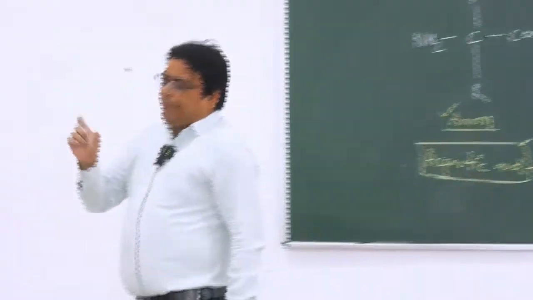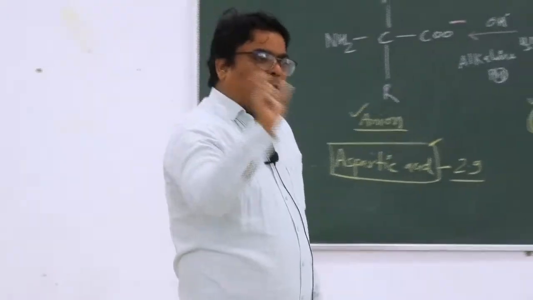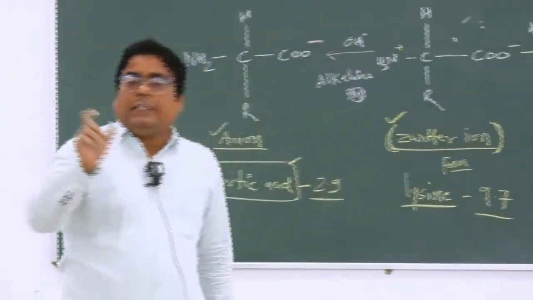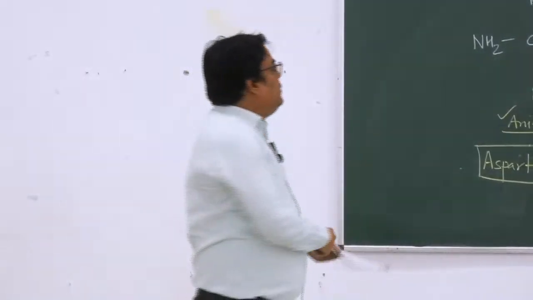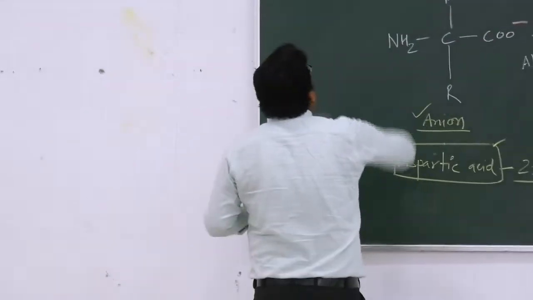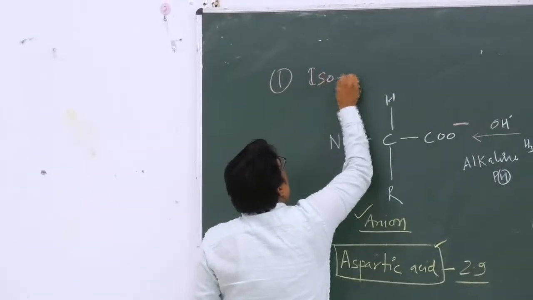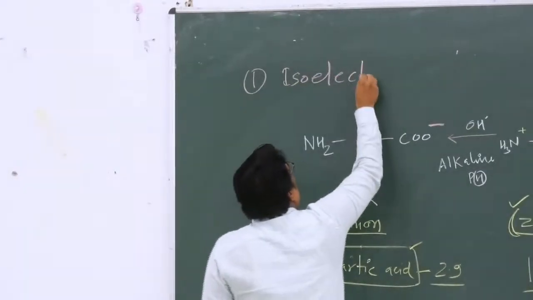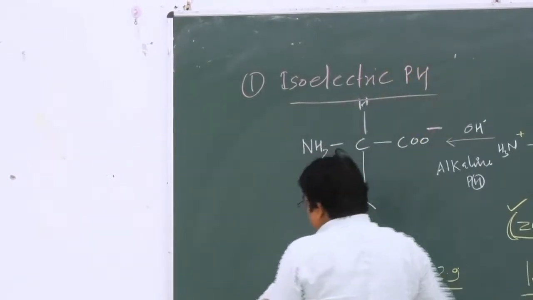So there is a particular pH at which an amino acid carries no net charge, known as isoelectric pH. This is the first property of amino acids.